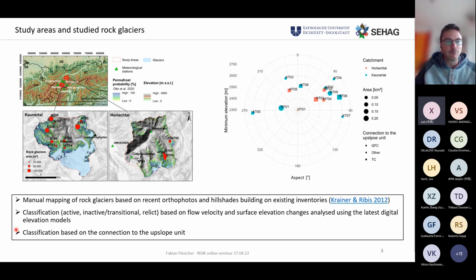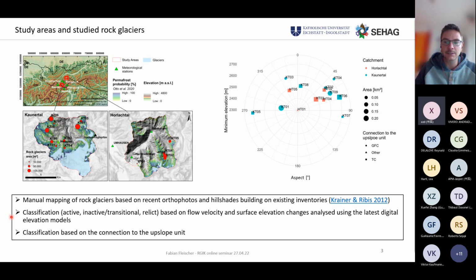As a first step, we manually mapped all the rock glaciers that are present in the catchment. We did this on the most recent orthophotos and hillshade that are available for the catchments. We then classified the rock glaciers according to their activity status based on flow velocity and elevation changes.